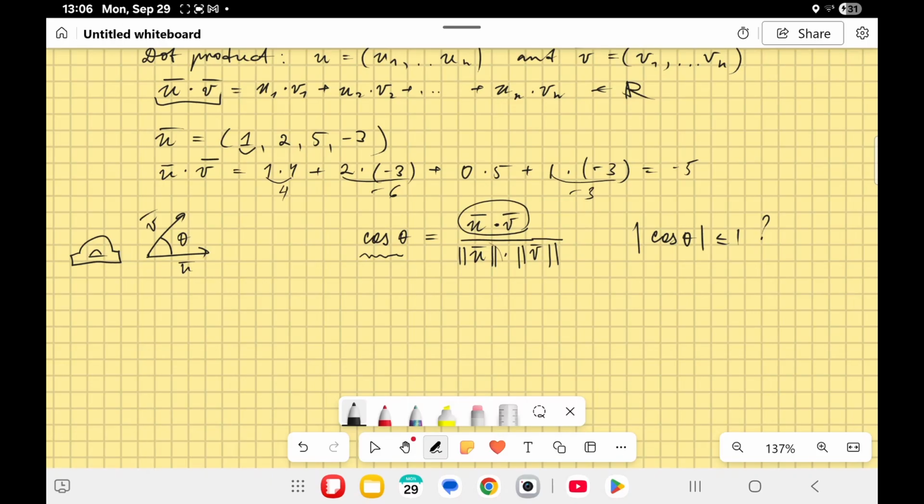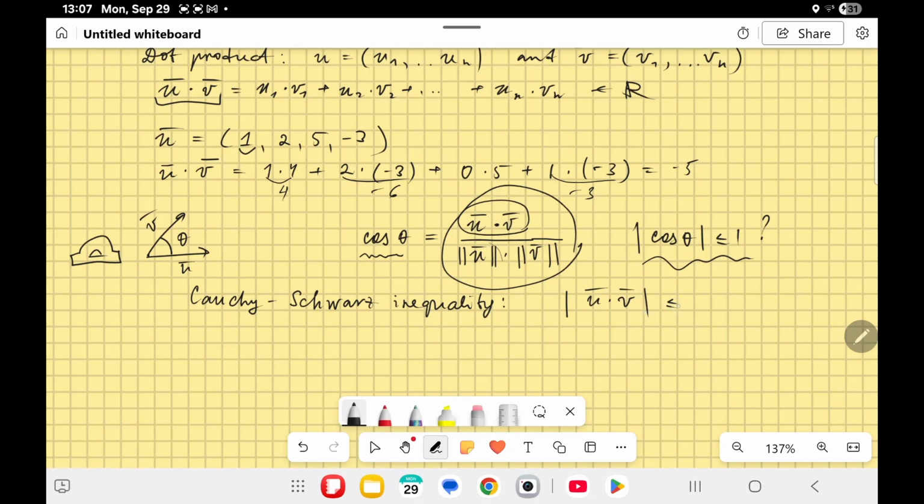Okay, let's continue. So how do we know that this number is going to satisfy this inequality? We have something which we call the Cauchy-Schwarz inequality. It is going to look the next way: the absolute value of the dot product of u and v is always less than or equal to the norm of u multiplied by the norm of v.